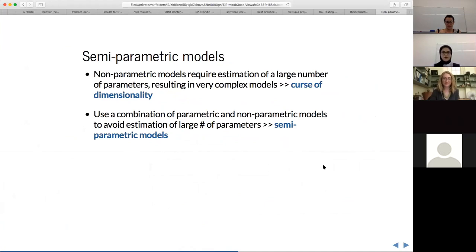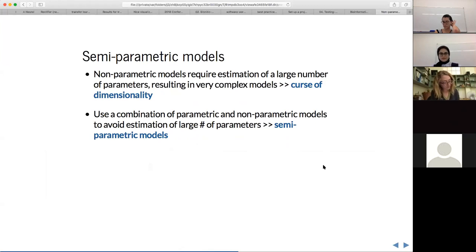As we said, these non-parametric models, particularly splines, or even polynomials, local polynomial estimates, typically require a very large number of parameters to be estimated. And we covered so far the one-dimensional situations.